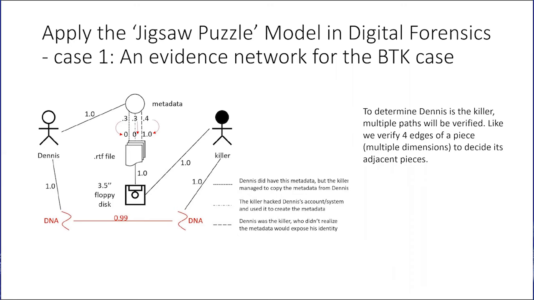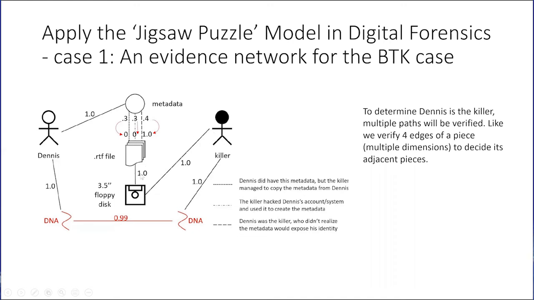And the digital forensic examiners investigated the floppy disk and found an RTF file which contains metadata and shows the author is Dennis and his organization. So from the killer through the floppy disk, through the RTF file, through the metadata, we can construct a path to this Dennis.